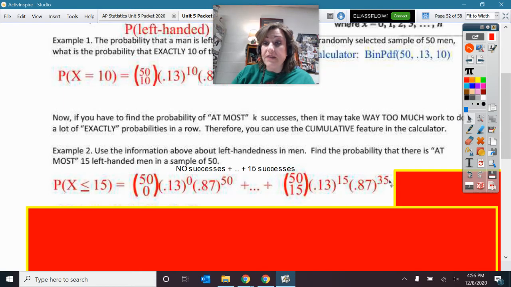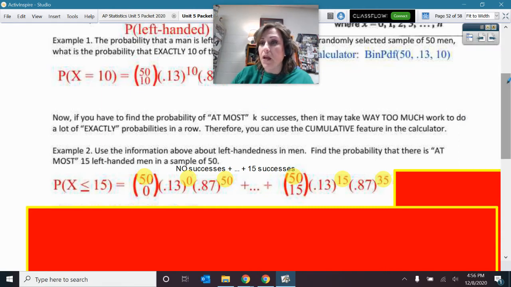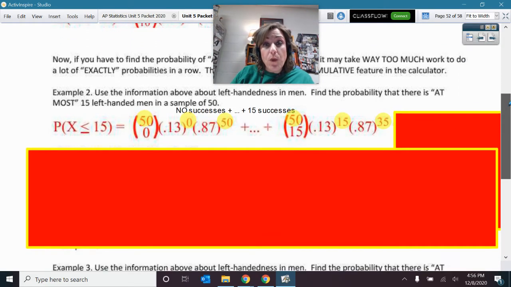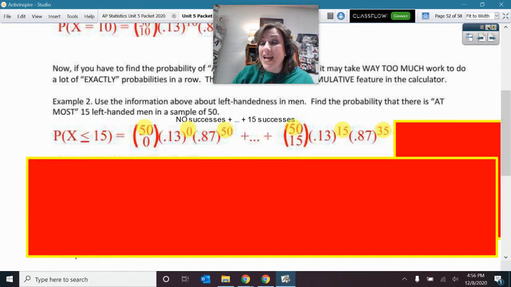Failure rate is 87, and 35 of those. Again, because the number of failures plus the number of successes totals to 50. Not the rate, but the total number. All right, so there is the work to show.